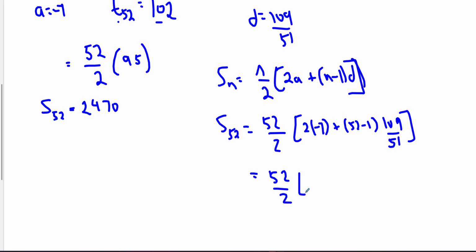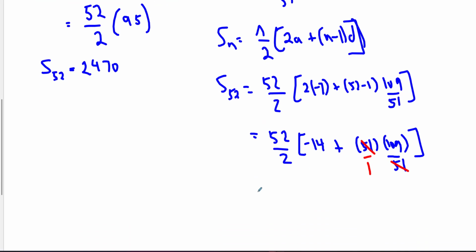So this becomes 52 over 2 bracket 2 times negative 7 is negative 14 plus 51 times 109 over 51. And since I'm multiplying by 51 and dividing by 51, they'll just cancel out. So I'm just left with 52 over 2 bracket negative 14 plus 109.